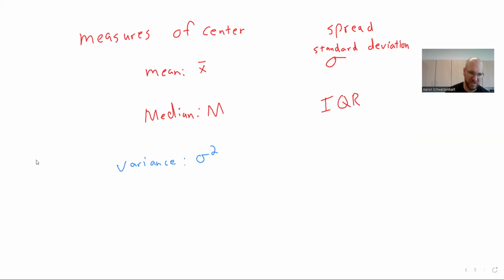The formula for standard deviation, this gets a little ugly. I'm going to explain how you do it. First step in finding the standard deviation is to find the mean. And we're never going to calculate this by hand in this course. You do in some stats courses, but mostly you do it once and then you use a calculator.